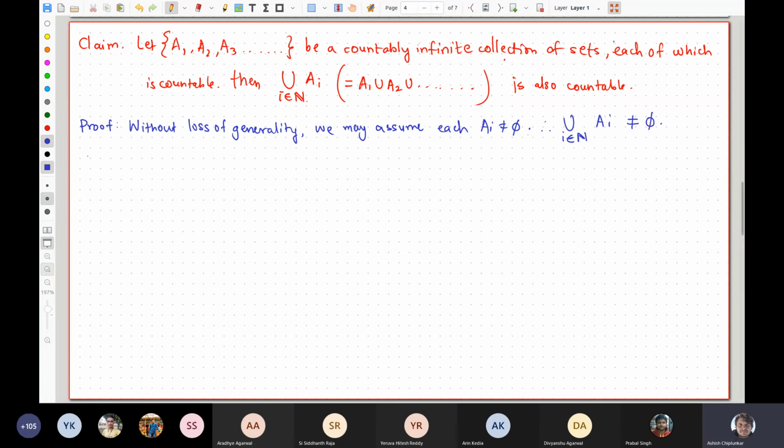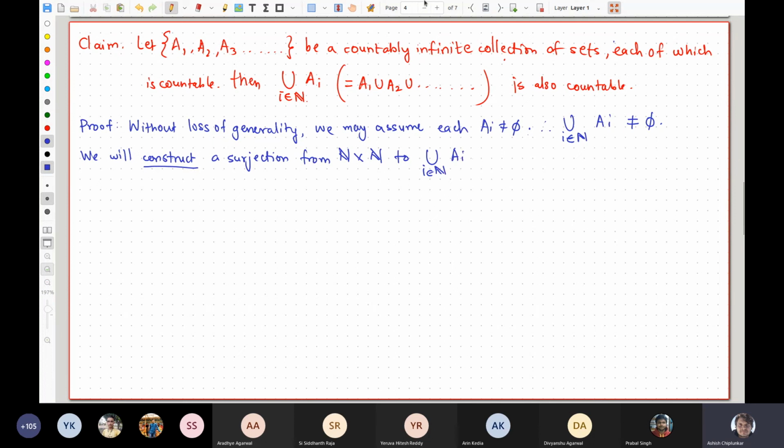So what we'll do is construct, so this is a proof by construction. We'll construct a surjection from N cross N to this union over i in N of A_i.